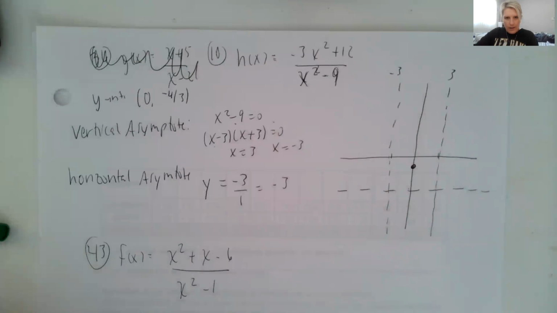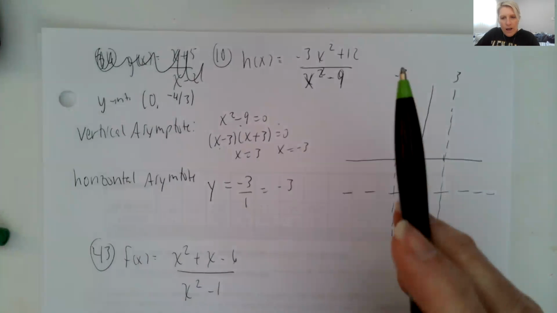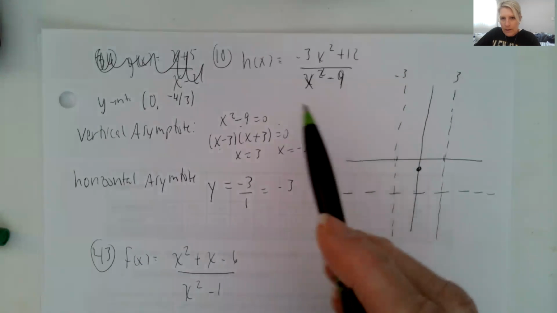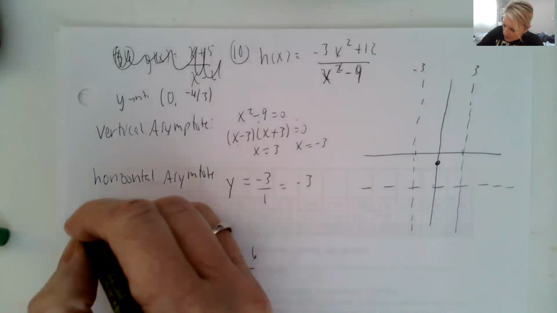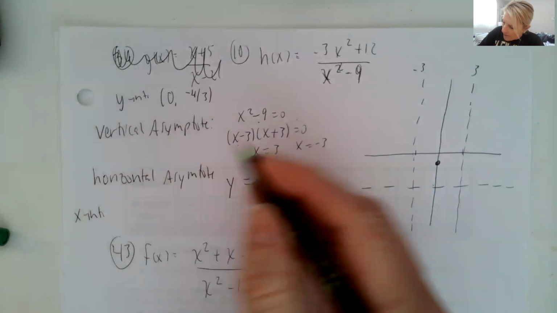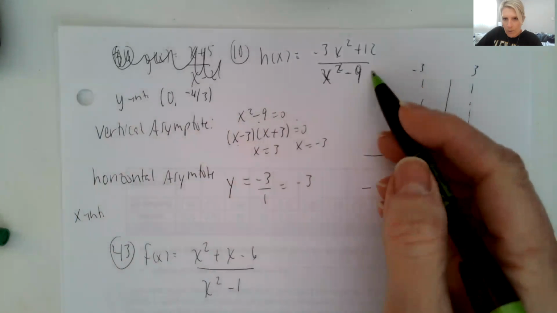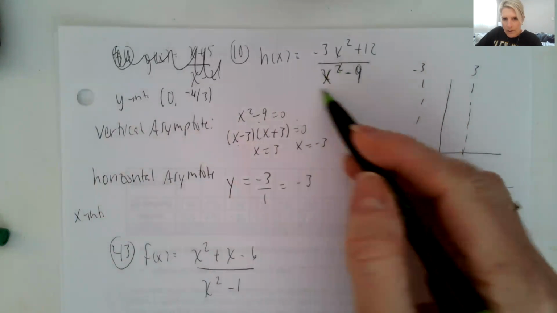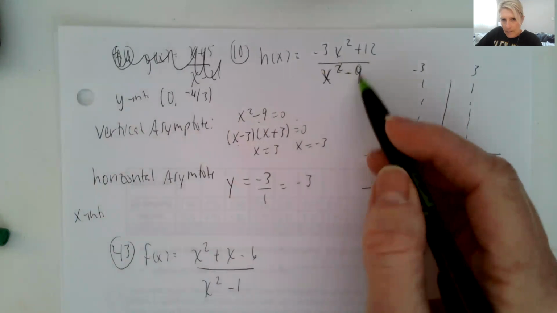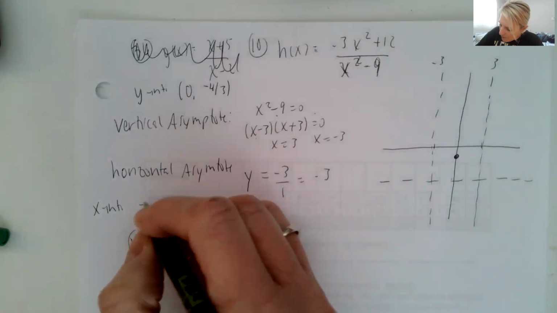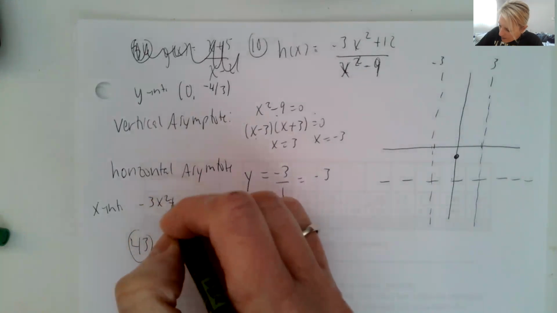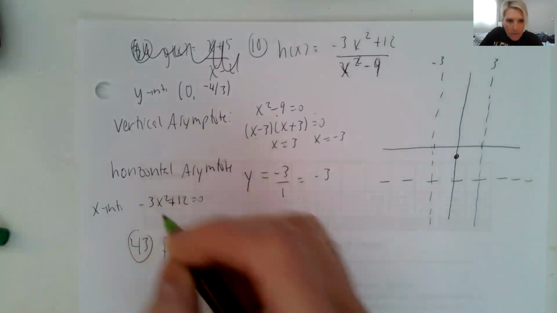Right, so the x-intercepts are going to be basically where the numerator is equal to 0. Because if you set this equal to 0, when y is 0, and you multiply through by the denominator, that eliminates the denominator. So we just have to look and see where the numerator is 0. So we have -3x squared plus 12 equals 0.